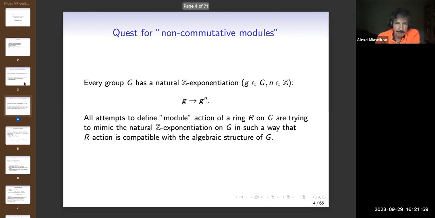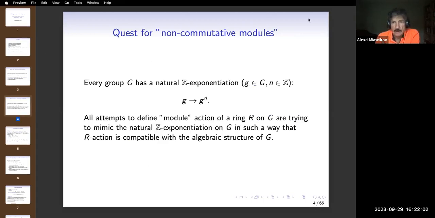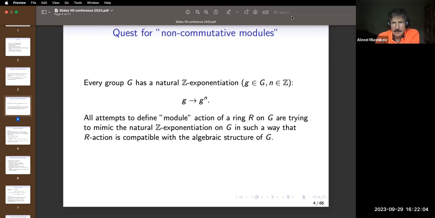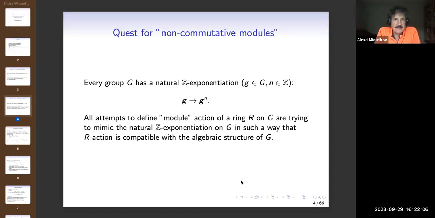In all attempts, people try to mimic the natural Z exponentiation on a group. When you take element g in G and map it to g to the n, which is a product of g n times.